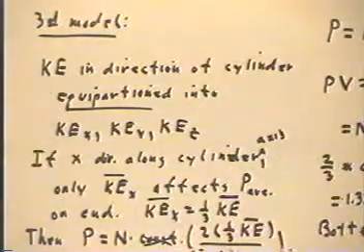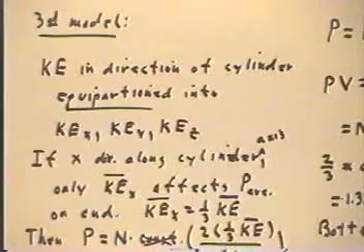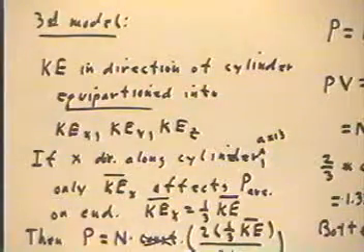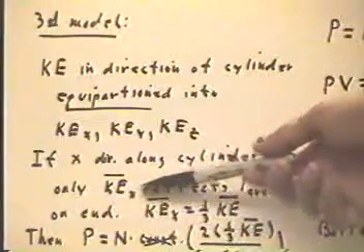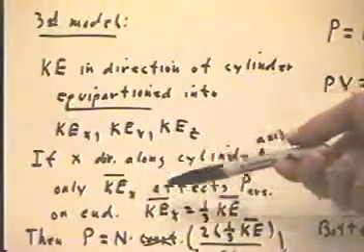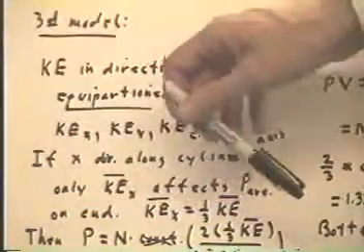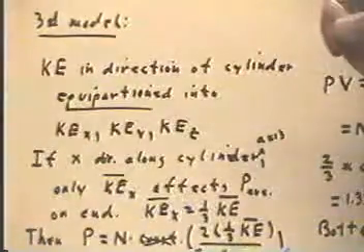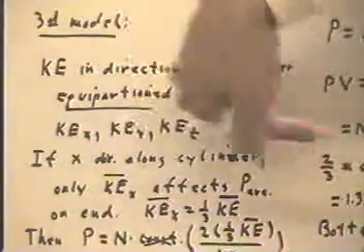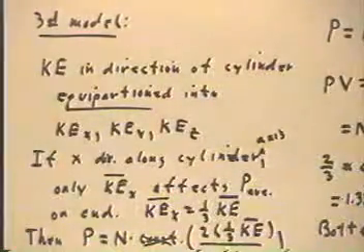Now, if the x direction is along the axis of the cylinder, then it's only the average kinetic energy in the x direction, only the velocity in the x direction, that affects the change of momentum when we hit the end of the cylinder. If we're moving in this direction and hit the end of the cylinder, bounce off this way, it's only this component, the x component of this velocity, that changes.